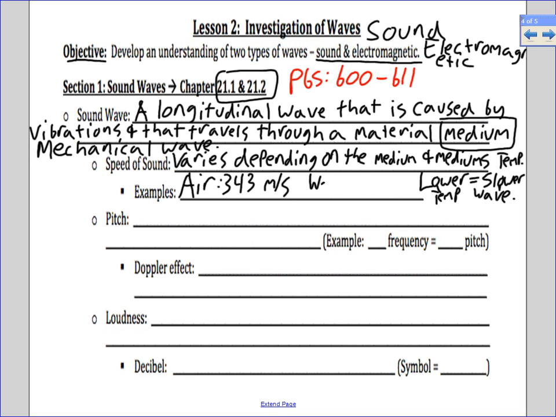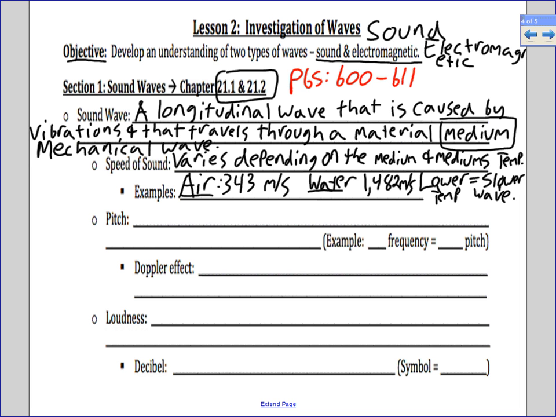And in water, it's 1,482 meters per second. So as you can see, the medium changes between air and water, so then the speed of sound would change. So you can take that into effect. Air and water. All right?